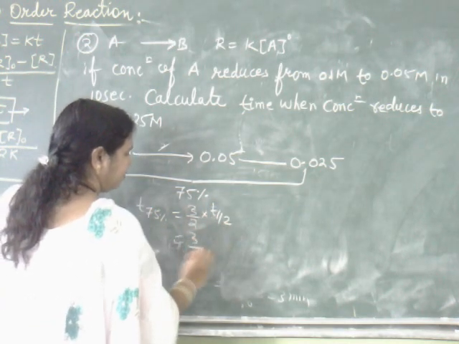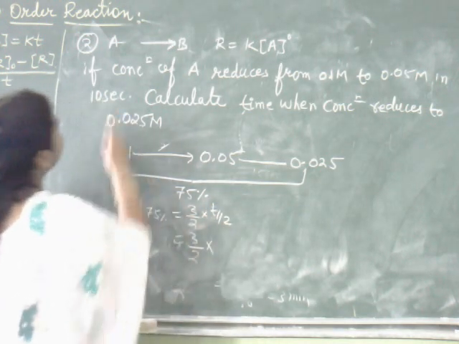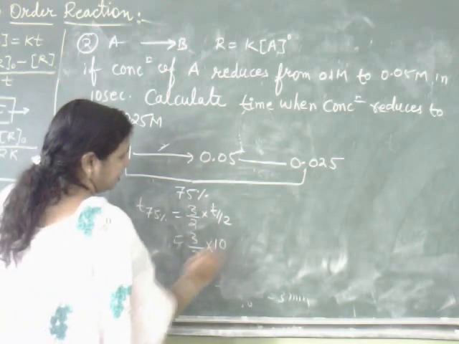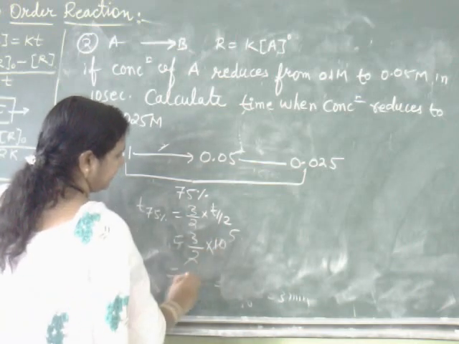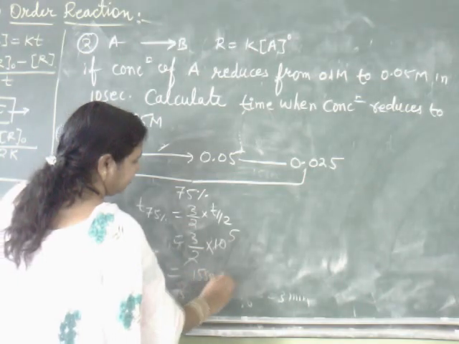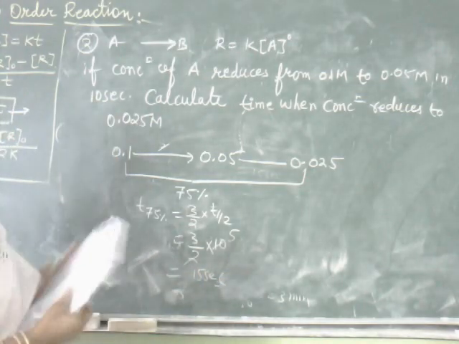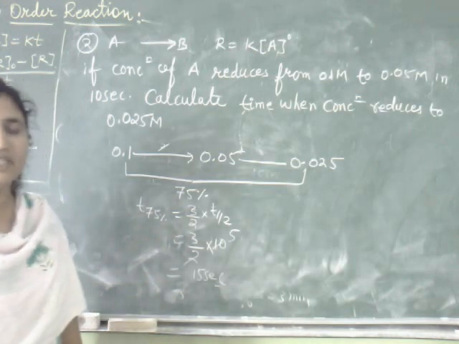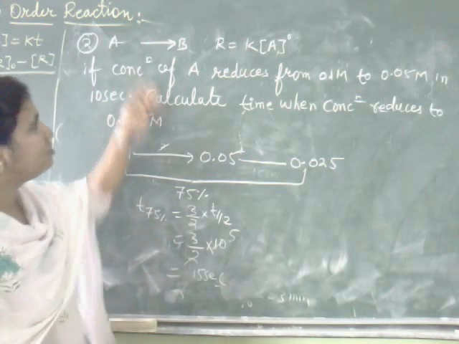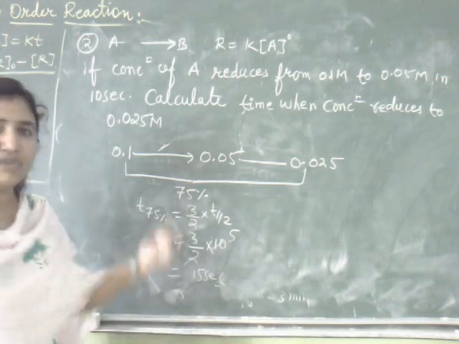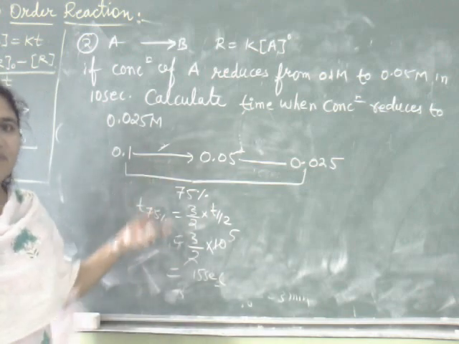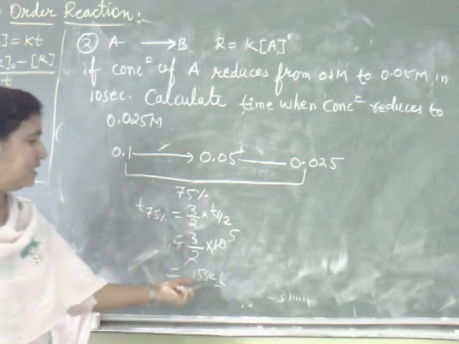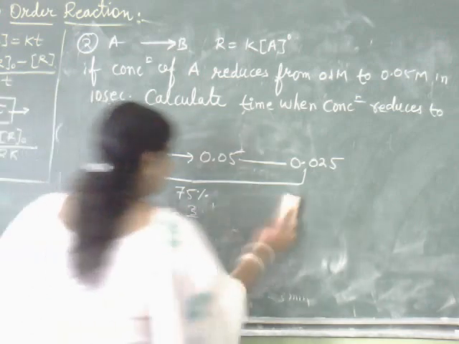T half is given as 10 seconds, so 3 by 2 times 10 is 15. We get the answer 15 seconds. So like this we can get 15 seconds, and by using this formula also, or if you just put the values into the formula as I showed before, you will get the same answer, 15 seconds. Okay.